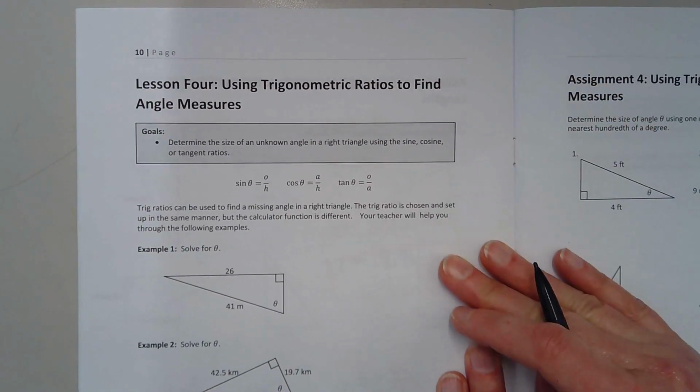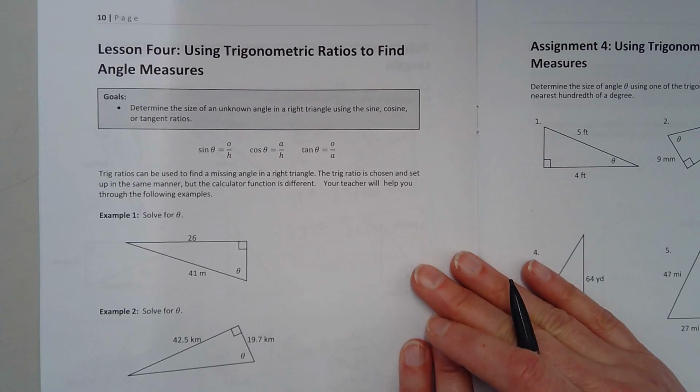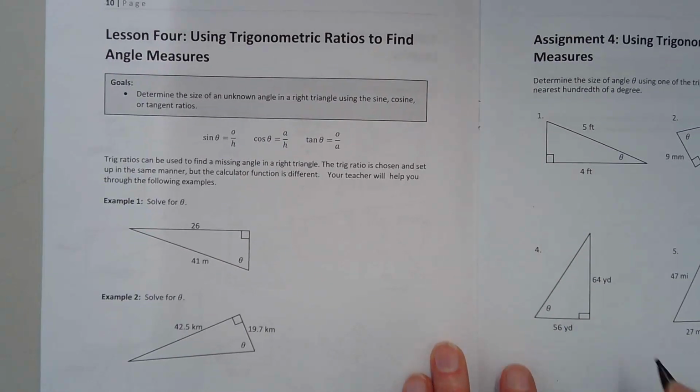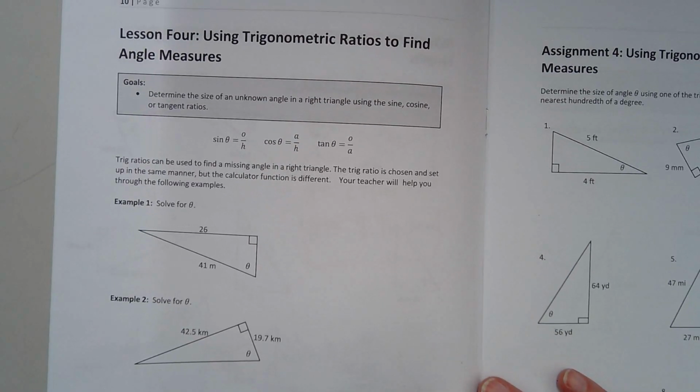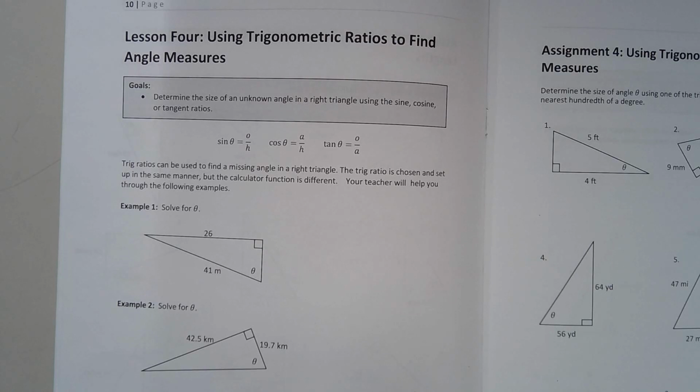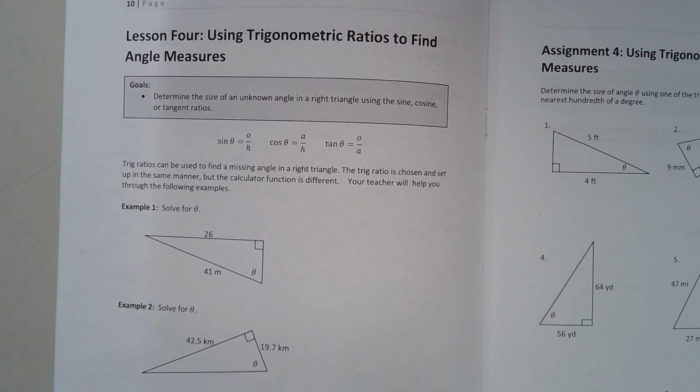So I am going to move on to lesson 4 because we did lesson 3 yesterday. And you know what, 99% of what I say is the same thing. The beauty of sine, cos, and tan, as I said yesterday, is that it's better than Pythagoras, because Pythagoras only solves for a missing side.